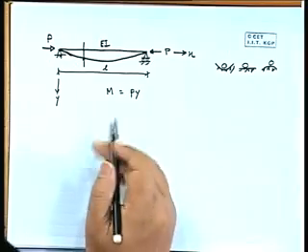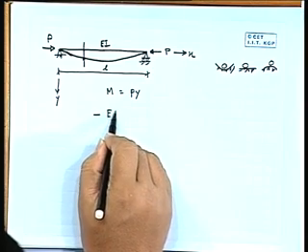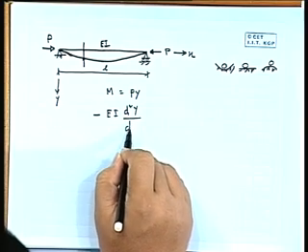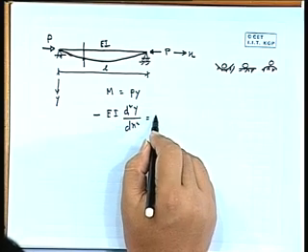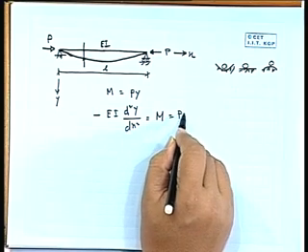Now we have studied our moment-curvature relationship. There we have seen it is minus EI d2y by dx square, equal to the sagging moment, which is P into y.